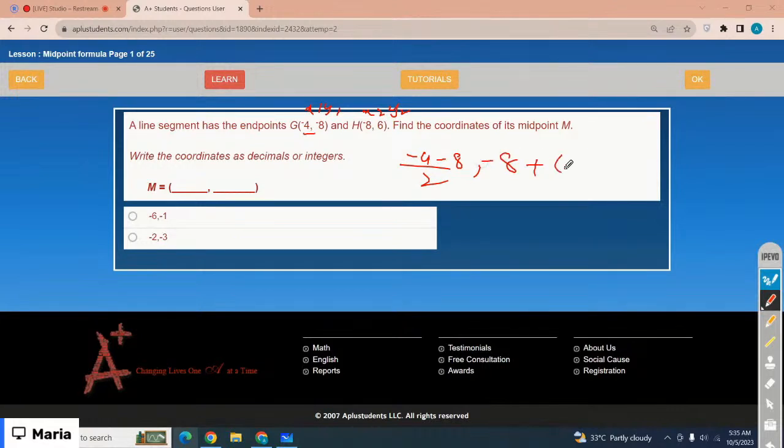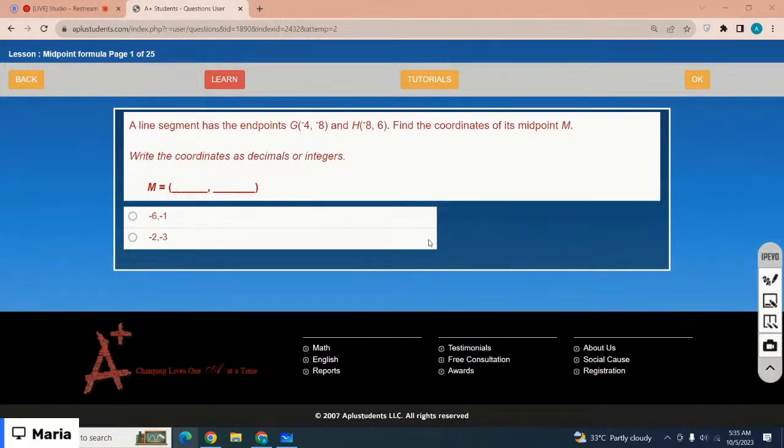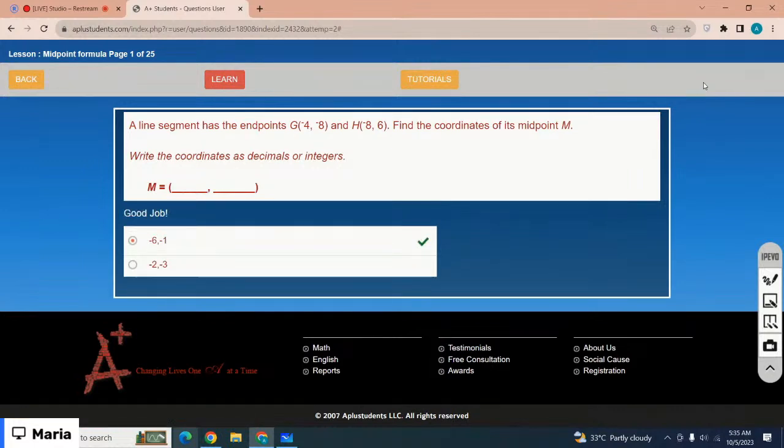Just add them and divide by 2 because the midpoint is exactly in the middle. So -12 over 2 is -6, and -2 over 2 is -1. So the midpoint is (-6, -1). The correct option is option number 1. That is -6 and -1, right?